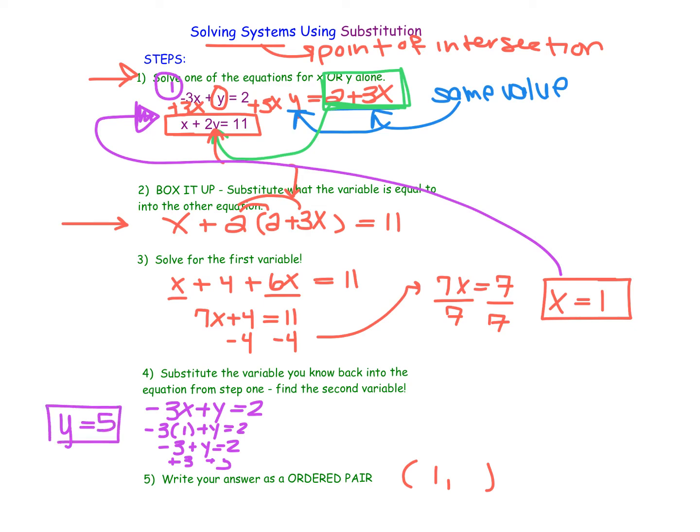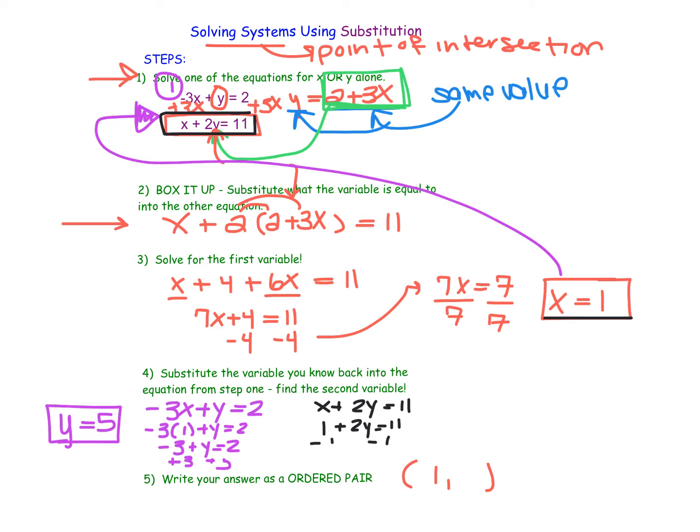Now, I've had some students in the past who didn't necessarily believe me that you could pick either equation, so we're going to try this second one just to make sure we get the same y value, the same point where they cross. So here we have x plus 2y equals 11. So here I have 1 in place of the x because that's what x is equal to, plus 2y equals 11.